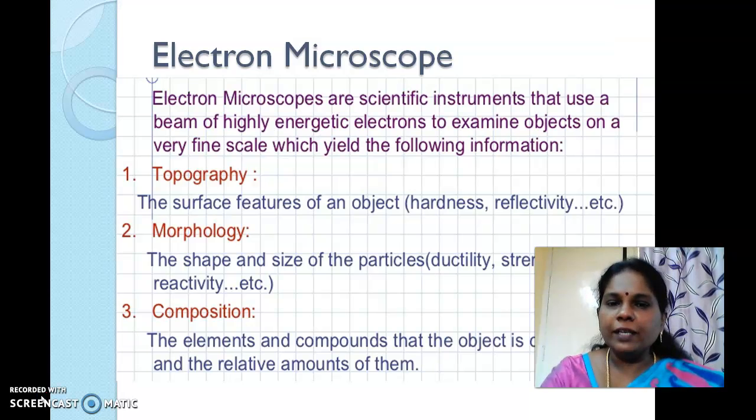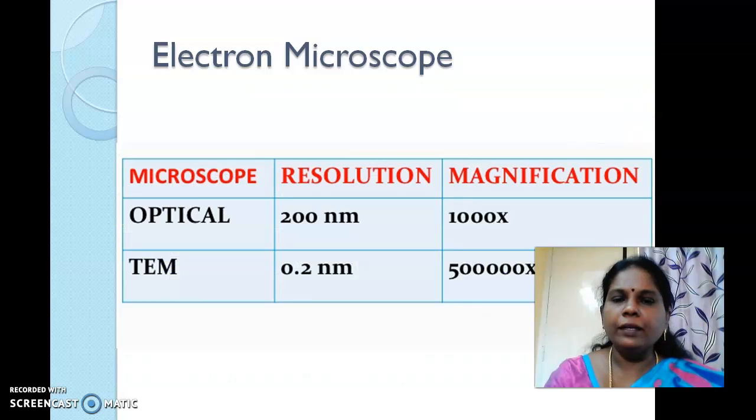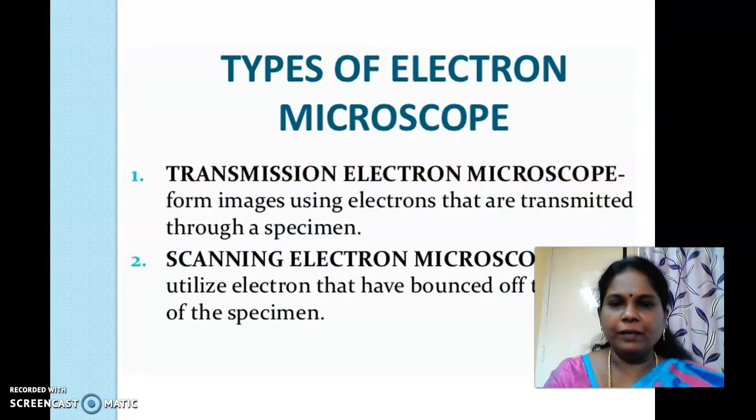This electron microscope is a scientific instrument which uses highly energetic electrons to examine very fine scale objects, and therefore topography, morphology and composition details can be found for any material. The resolution is very high, of the order of 0.2 nanometer, and the magnification is 5 lakh times or more, which is much higher when compared to the optical microscope.